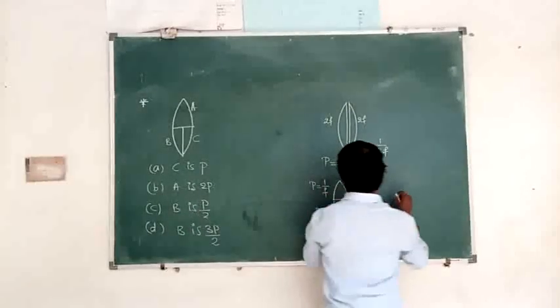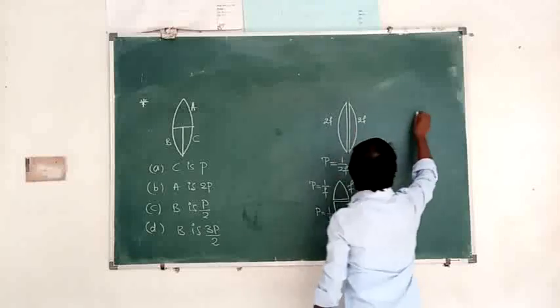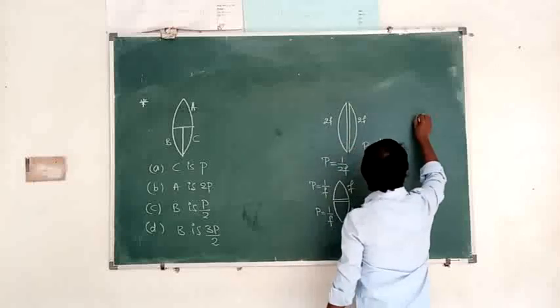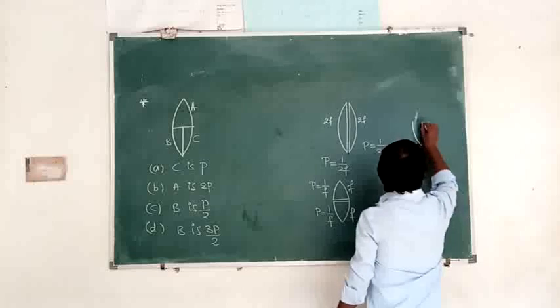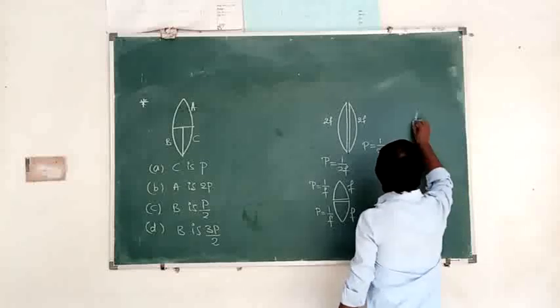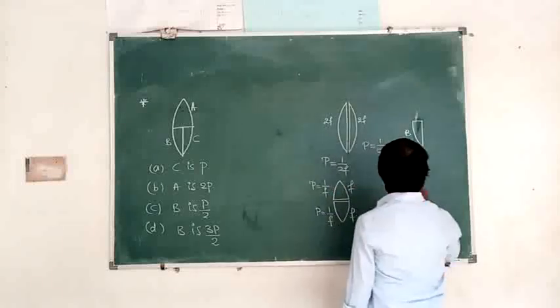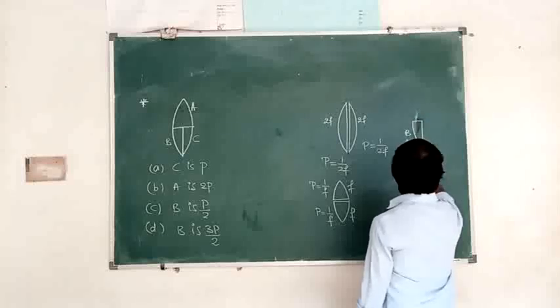So how is it P by 2? See here, I will take this as part B. What is its focal length now? Its focal length is 2f.